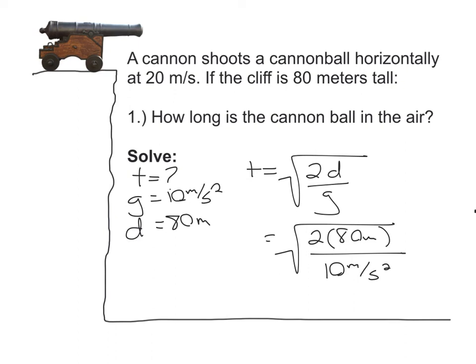So 2 times 80 is 160. 160 divided by 10 is 16. The square root of 16 is 4. So our answer is, it is in the air for 4 seconds. Easy enough.